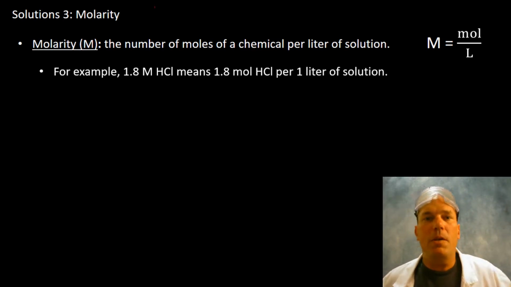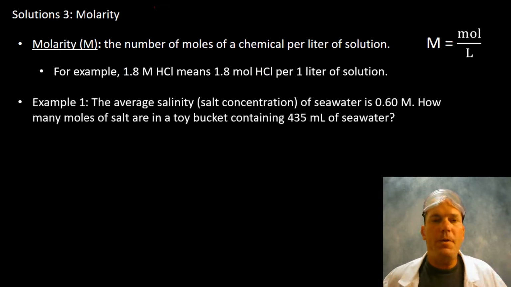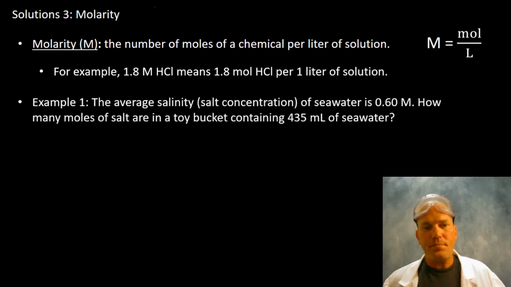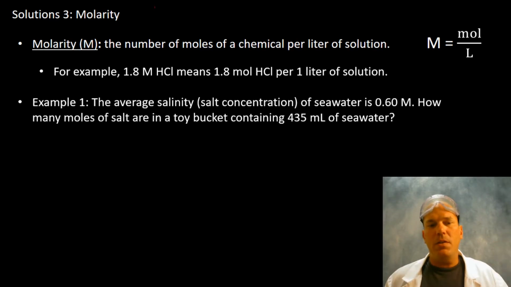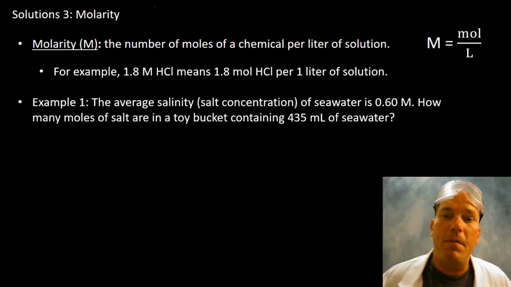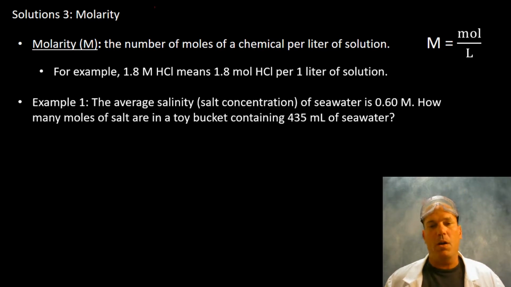So let's start with some straightforward, pretty easy examples. First one: the average salinity, which you know is salt, of seawater is 0.60 molar. How many moles of salt are in a toy bucket containing 435 milliliters of seawater?